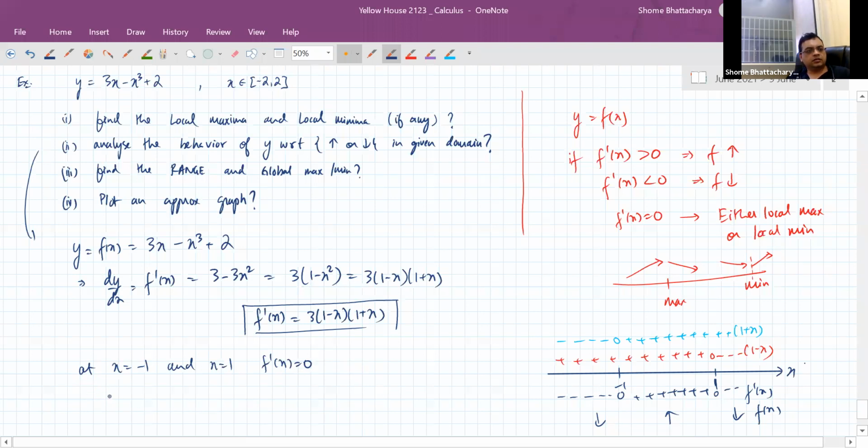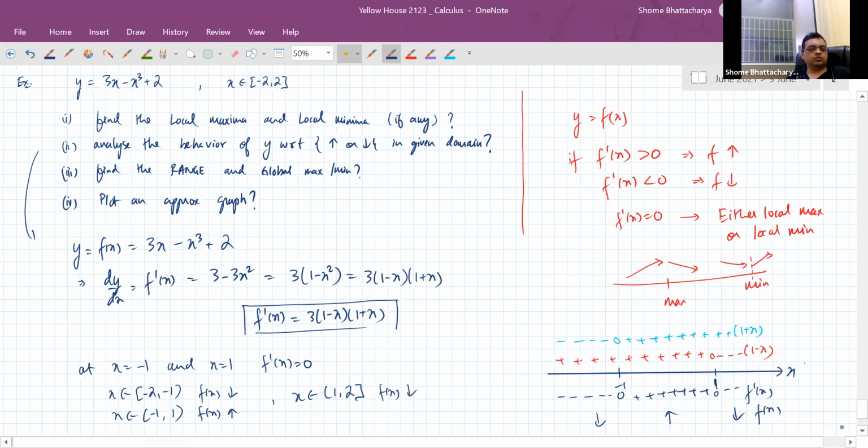Whereas x belonging to -2 to -1, the function is decreasing. x belonging to -1 to 1, the function is increasing. Okay. And x belonging to 1 to 2, we are taking restricted domains only up to 2, the function is again decreasing.